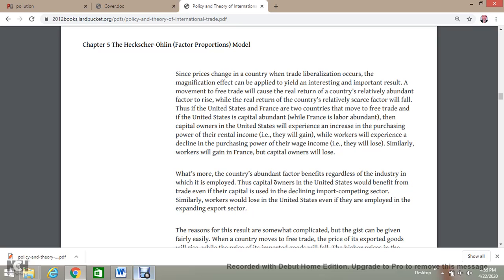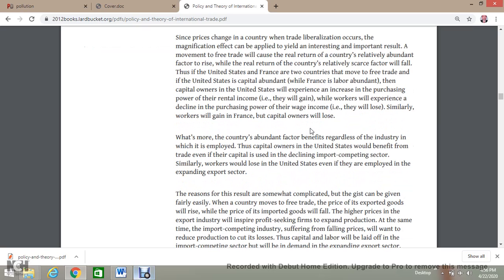So all those workers, their wages will be less because they are less in demand, and all those capital owners will gain more profit. The reason for this result, you may find a little complicated. Let us understand why it is so.